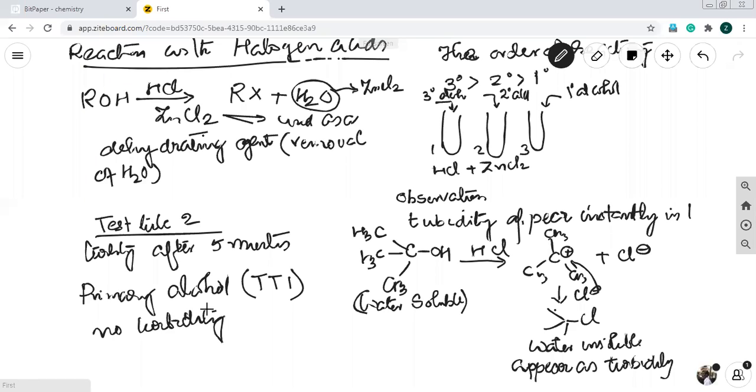Remember this is done at room temperature. We are not heating it. So at room temperature, there will be no change.